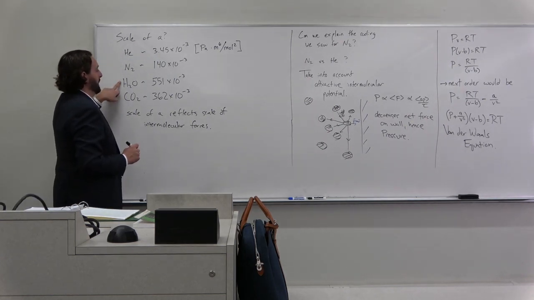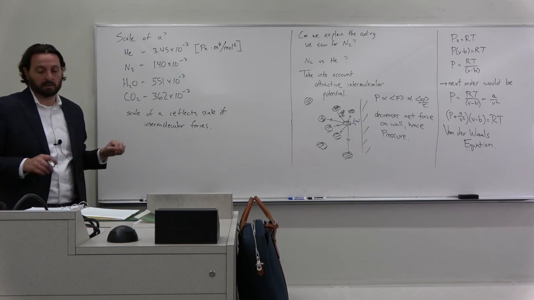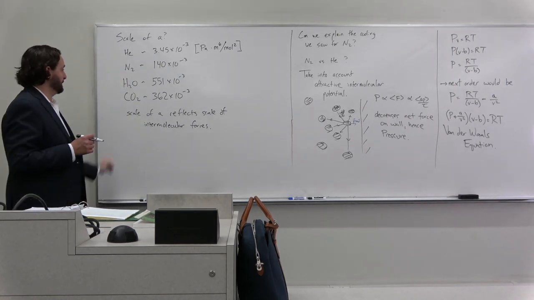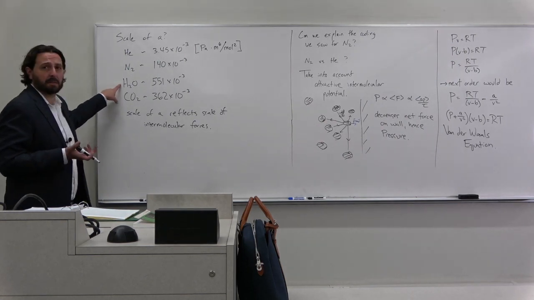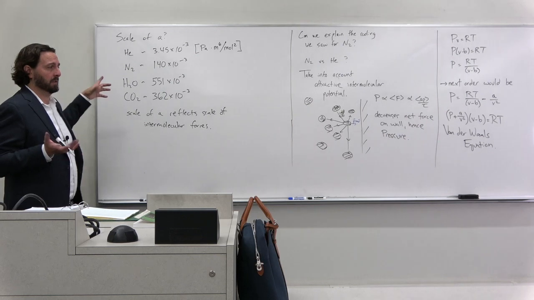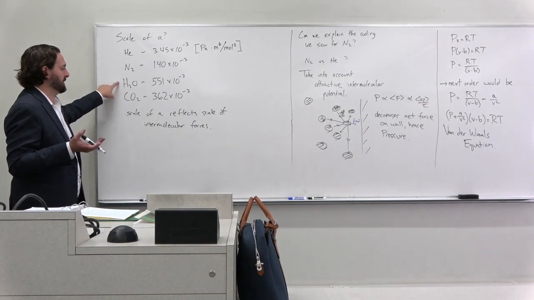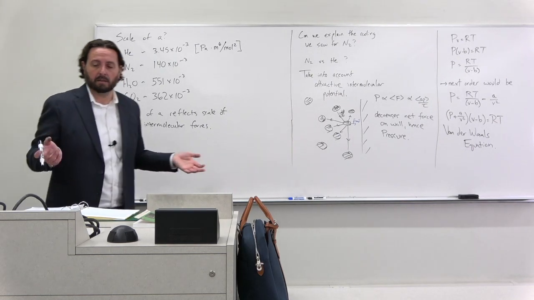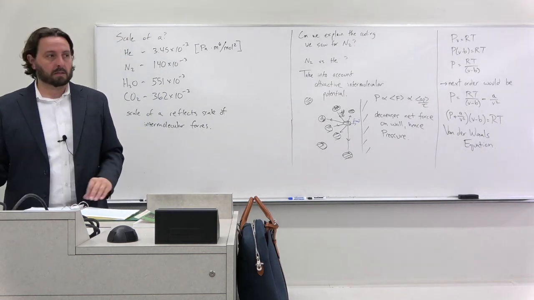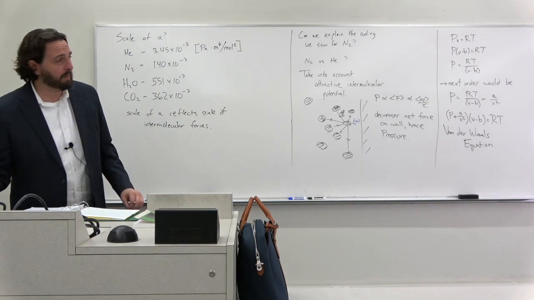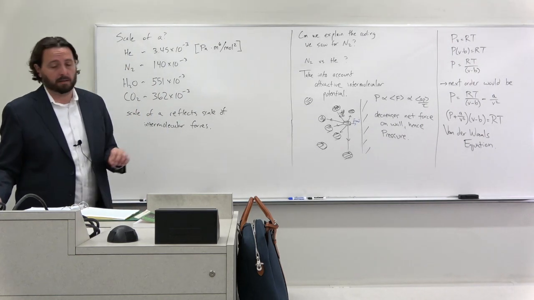Now these are very large, CO2 and water, because there's a lot of interatomic forces. We know there's a lot of interatomic forces with H2O because it actually liquefies. There's a lot of attractive intermolecular forces. We know that because it liquefies at a relatively high temperature, right? So this is why we have liquid water, whereas a lot of other gases would be gases.